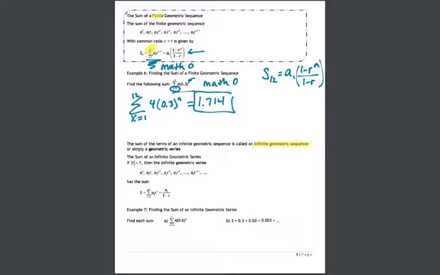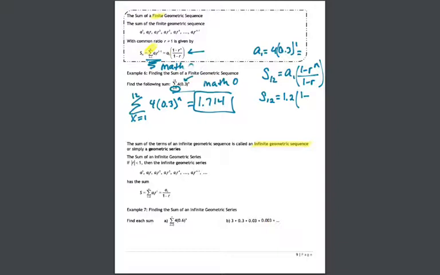So my first term will be 4 times 0.3 raised to the first power, which is 1.2. Then 1 minus the number that is your r value, which will always be the number right here that's raised to the n power.